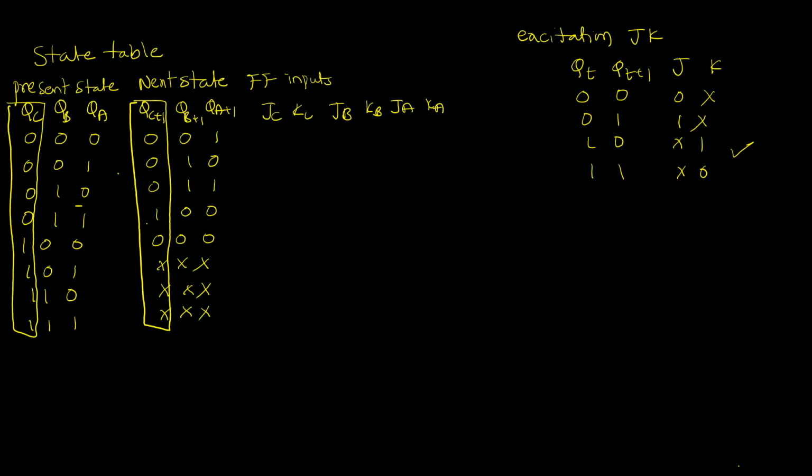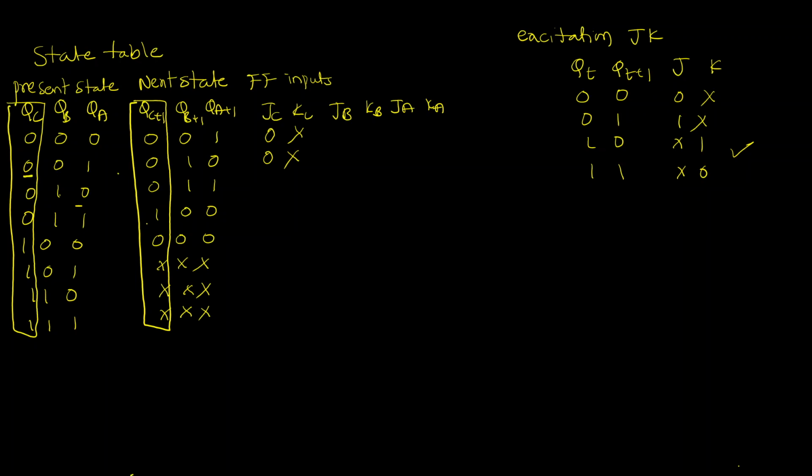Similarly, now let us do the JC part. QC, QC plus 1: 0 0. For 0 0 0, don't care. So it is 0, don't care. Next, for 0 0 0, don't care. Once again, for 0 1, for 0 0, once again 0 0.